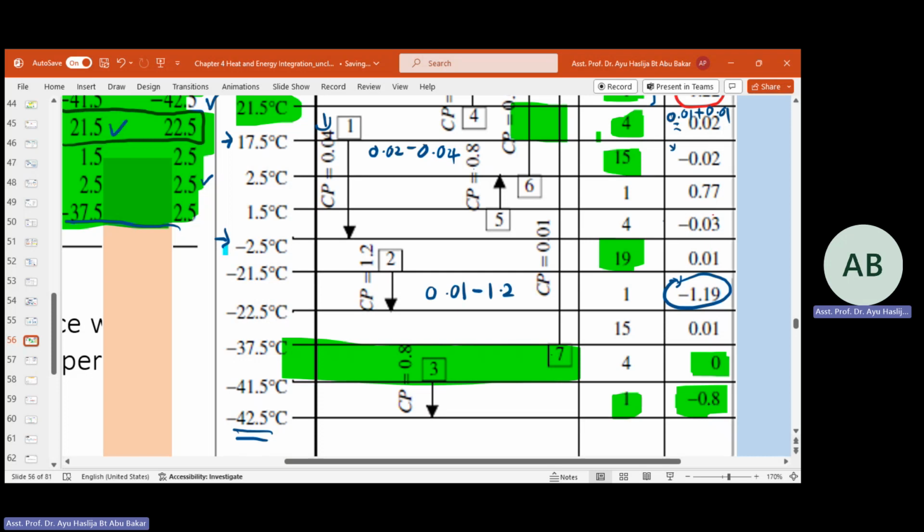Is stream 3 cold or hot? How do you get that negative?